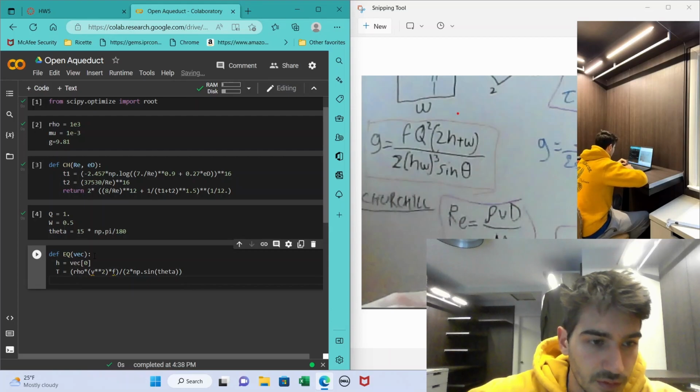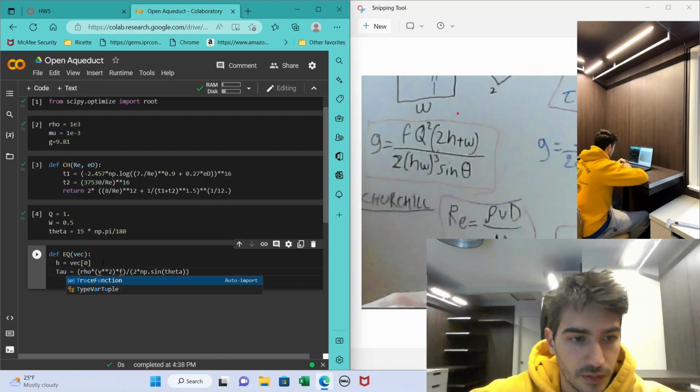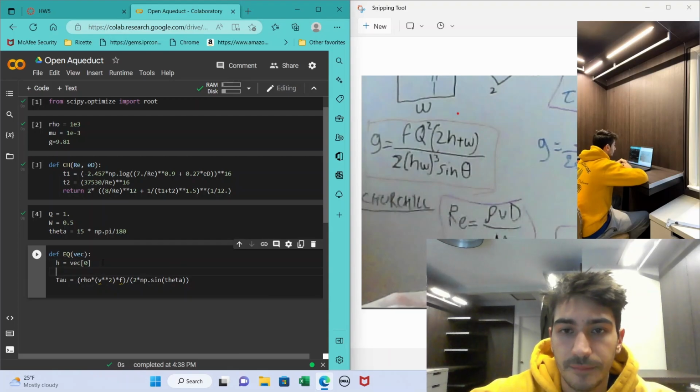That is your value for tau. I'm actually going to call this tau so we don't forget later on.